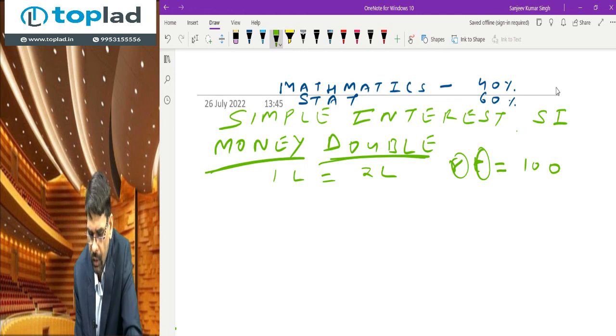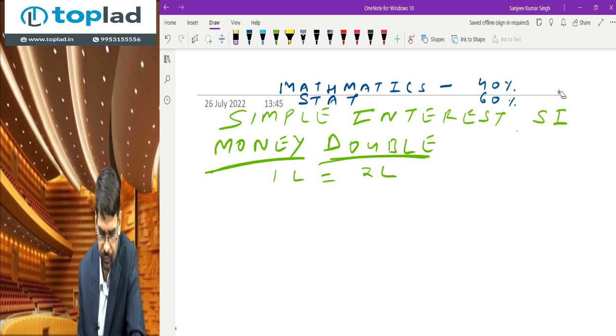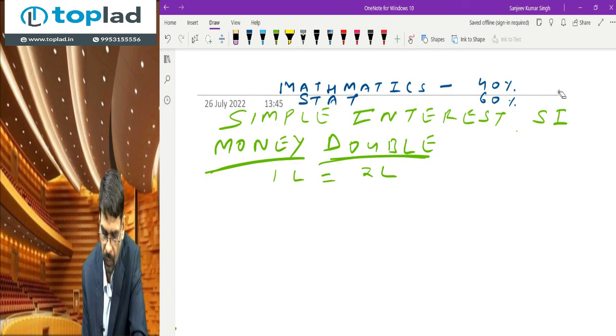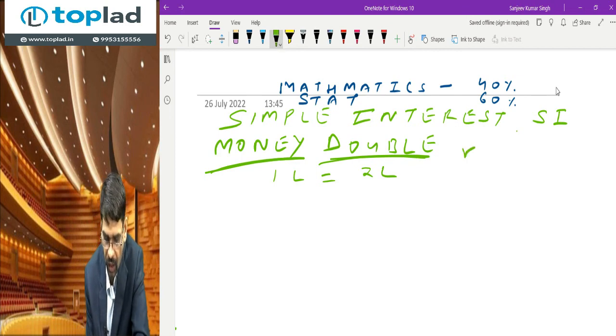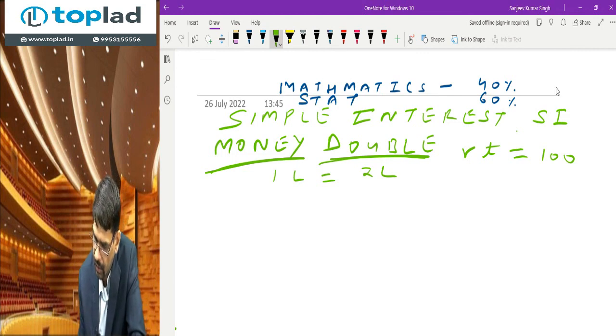Ultimately, you have to find out either R or T. Money double formula is RT is equal to 100.